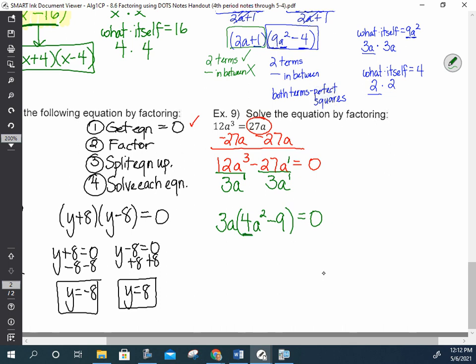So we have that 4. What times itself will give you 4? 2. What times itself will give you a squared? A. So 4a squared is the same thing as 2a times 2a. Perfect square. The 9. What times itself gives you 9? 3.